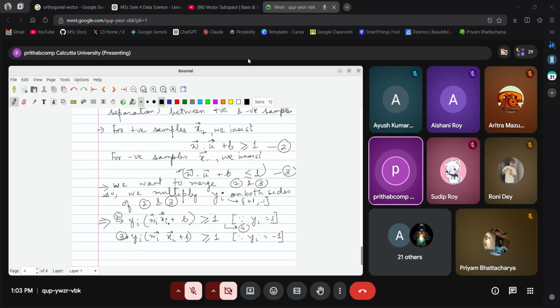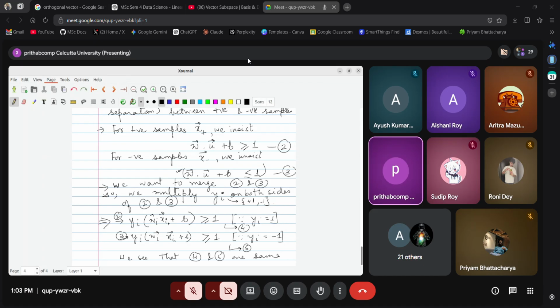So you see now we have got a general formula for this. If I call this 4 and this 5, we see that 4 and 5 are the same.